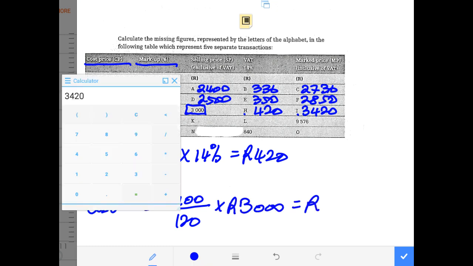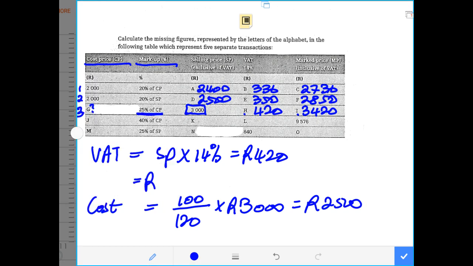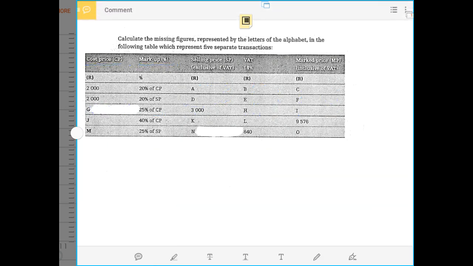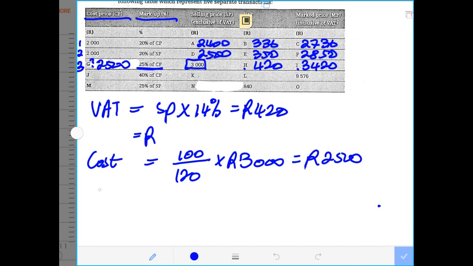And this will give us surely the amount of the cost price. 3,000 times 100 divided by 120, this will give us 2,500 as our cost price. So now our cost price seems to be 2,500 rands.